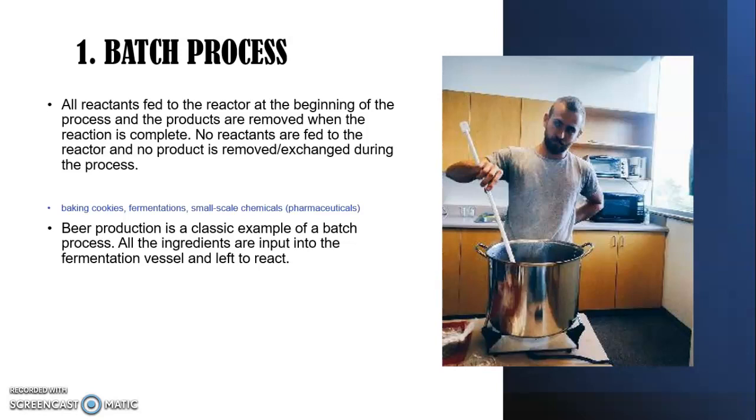Examples are baking cookies, fermentation, and small-scale pharmaceutical products. Beer production is a classical example of a batch process where all the ingredients are input into the fermentation vessel and left to react.